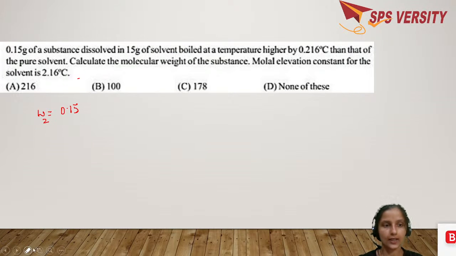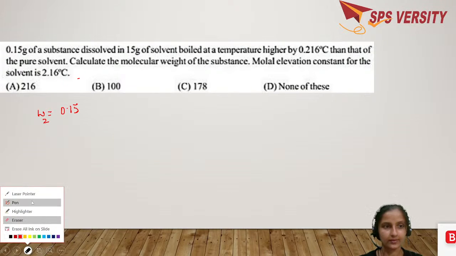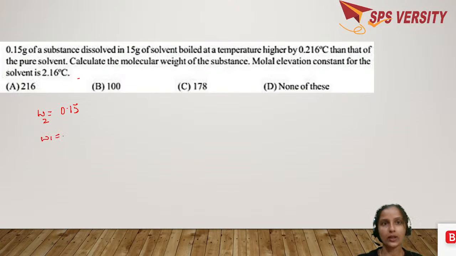Weight of the solvent in the second case also they have given, W1 is equal to 15 gram and the elevation in the boiling point delta TB is equal to 0.216 degrees Celsius, which is equal to Kelvin only. They have given Kb value that's equal to 2.16 degrees Celsius.